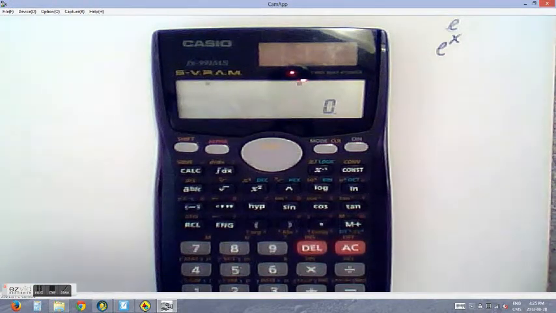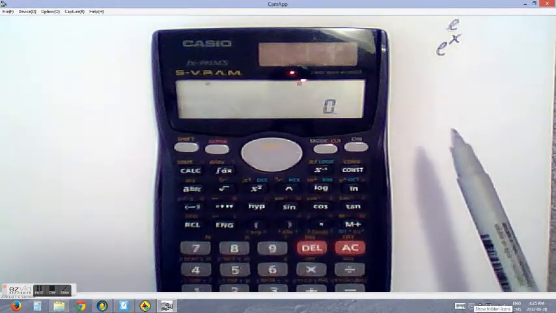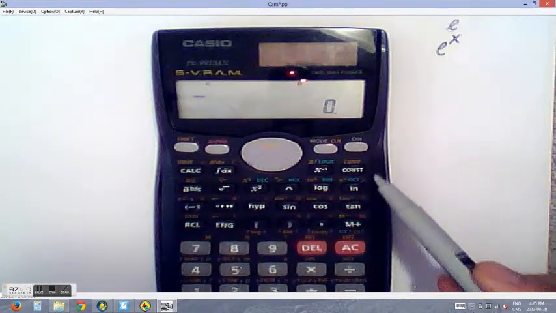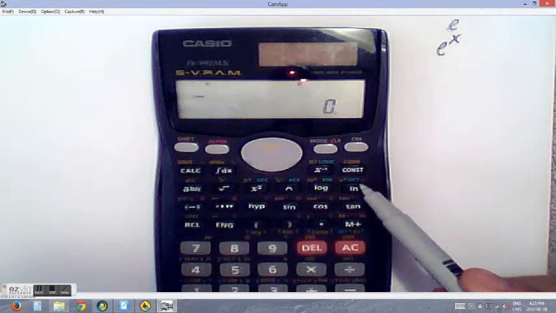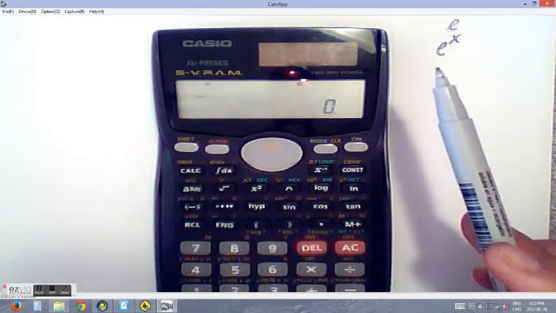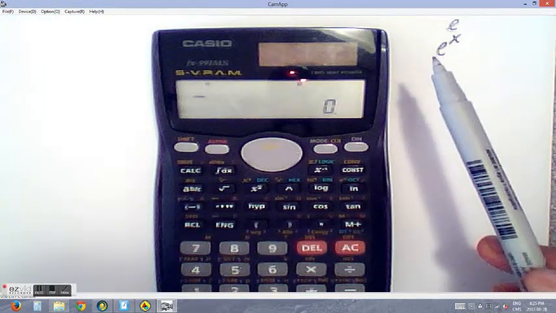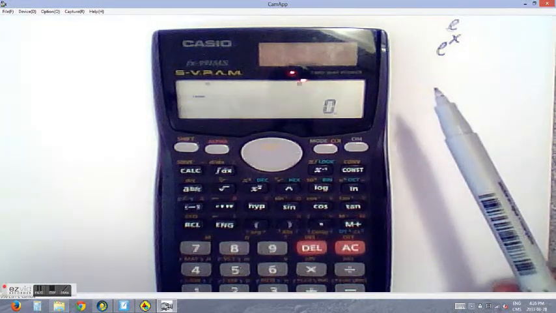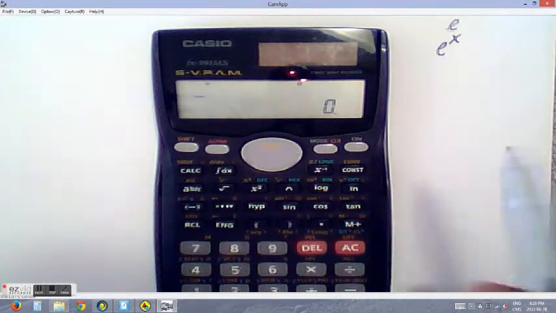Anyway, let's go take a look at our calculator. On our calculator, we'll have a symbol, a scripted e. It might be an actual button, or it could be in the notes above the button. In this case, mine is in red. You probably can't see it there, but it's a scripted e. Right next to it, I have e^x, which is the function e to the x. You're going to get to know e^x quite well. For now, let's just focus on e.